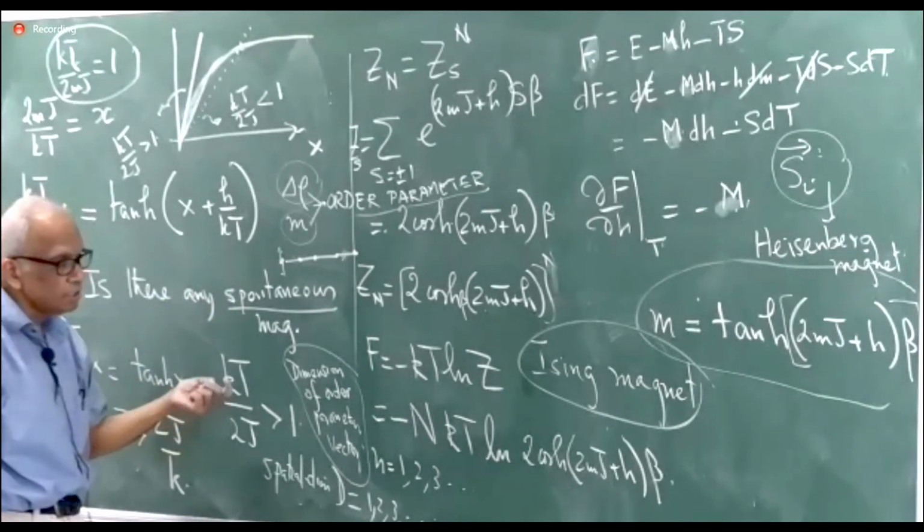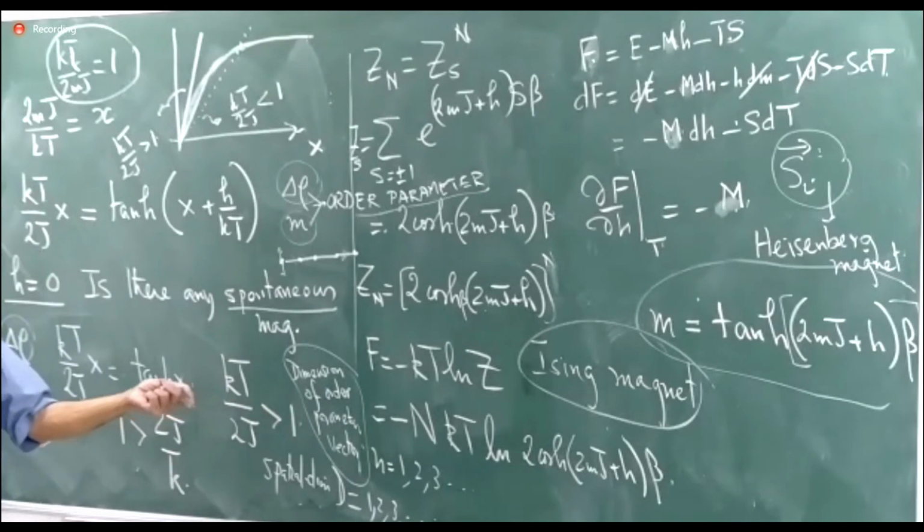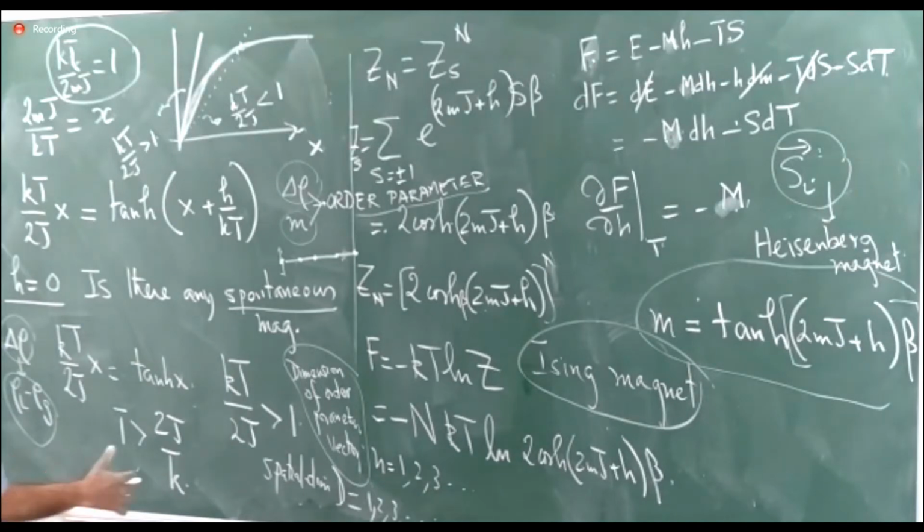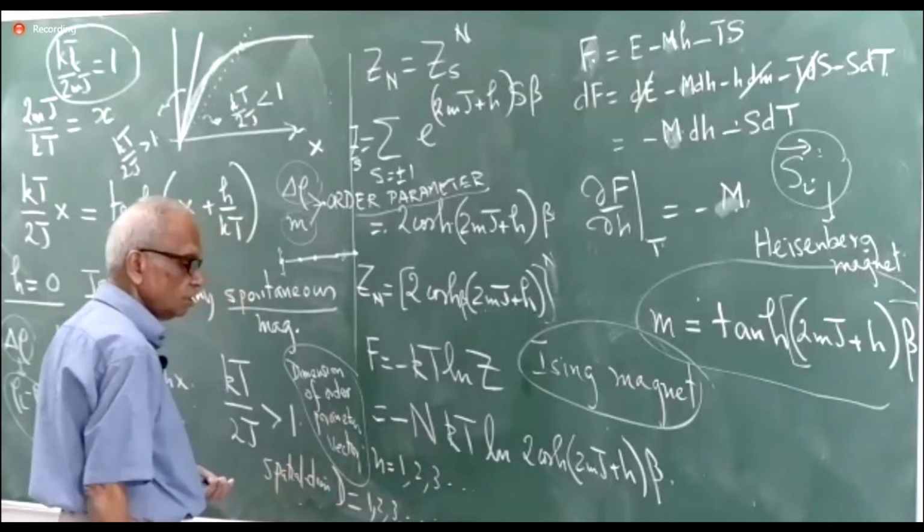And similarly, it can be a one-dimensional magnet sitting on a two-dimensional lattice or a three-dimensional lattice, and so on. So these are two independent quantities. The n and d are independent of each other. D equal to 1 can have n 1, 2, 3.